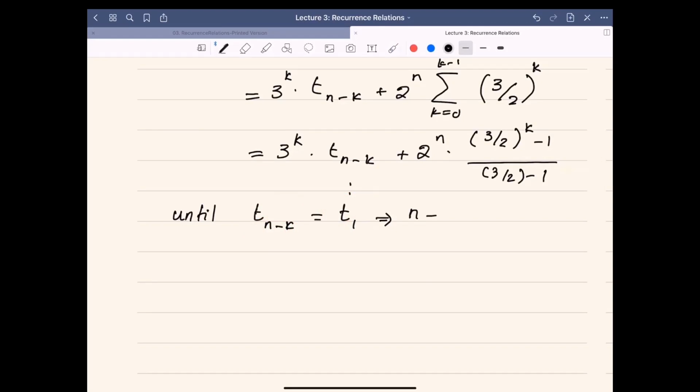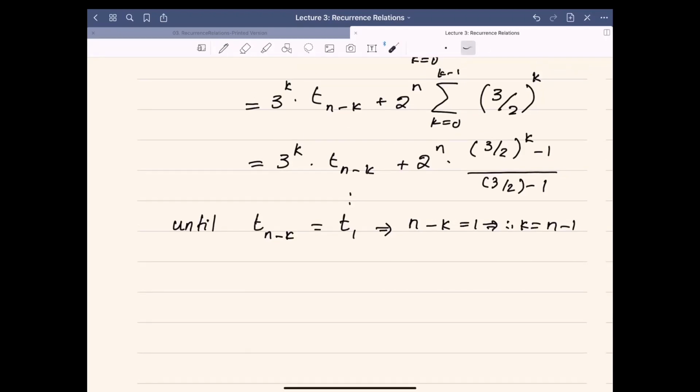So n minus k is equal to 1. That means that k is equal to n minus 1.